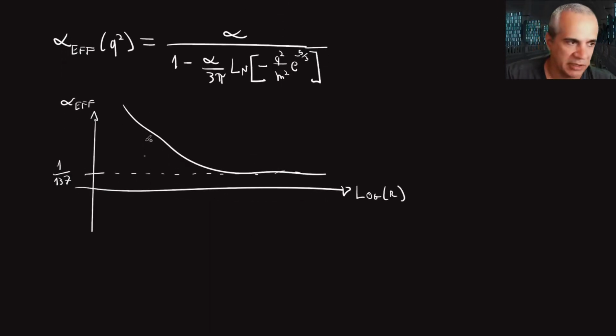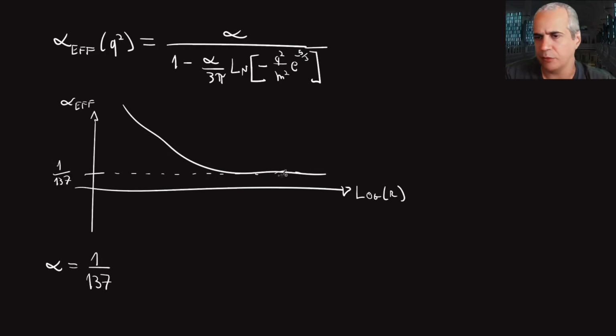Just to give some numbers, if I take alpha, this constant, equal to 1 over 137, which is how we measure it for big distances. So classical physicists were operating in this limit, right?